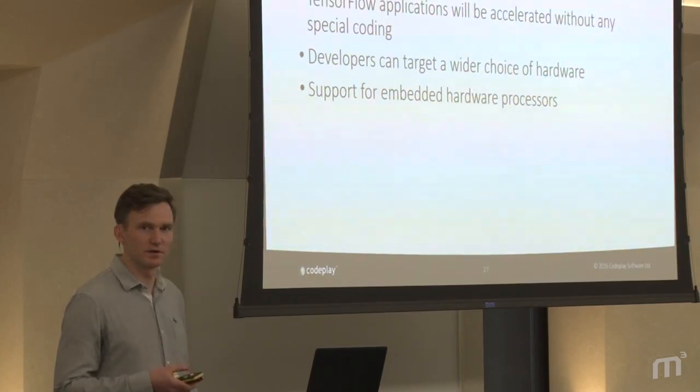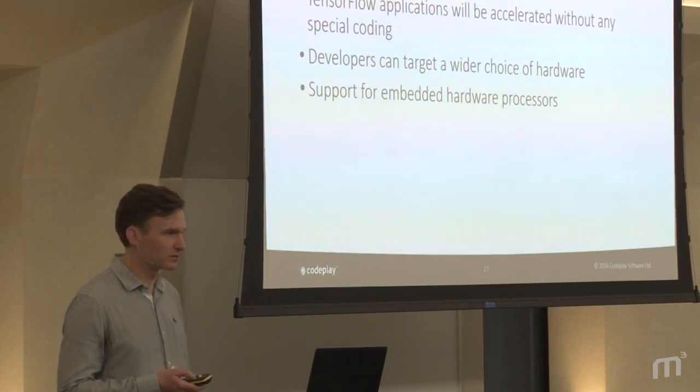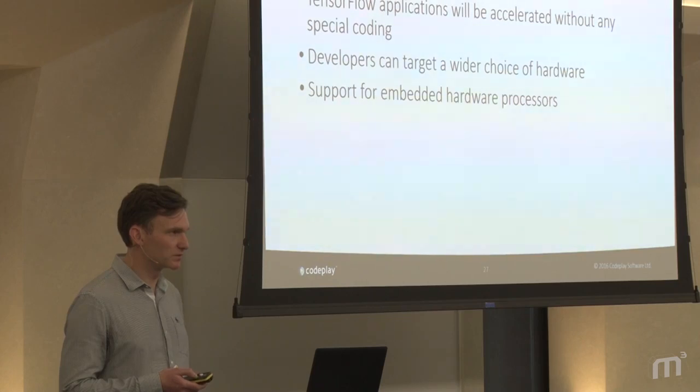That means you can target a much wider range of hardware. It means that you don't have to rely necessarily on NVIDIA GPUs for accelerating your machine learning programs, and that's got to be a good thing. As I said, it also means that you get support for a wider range of embedded hardware processors.